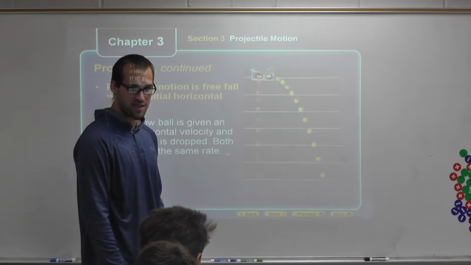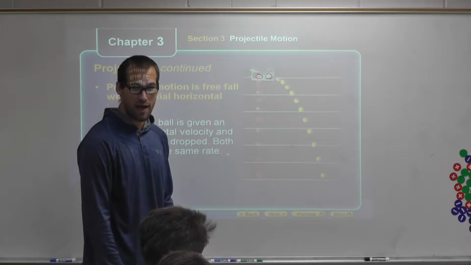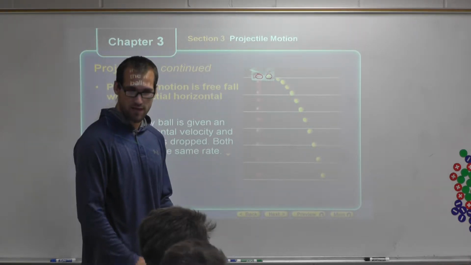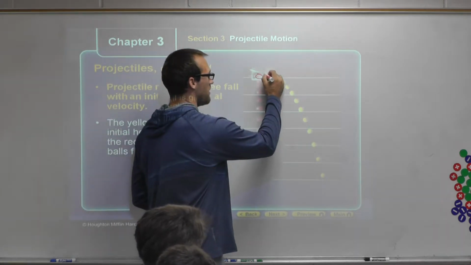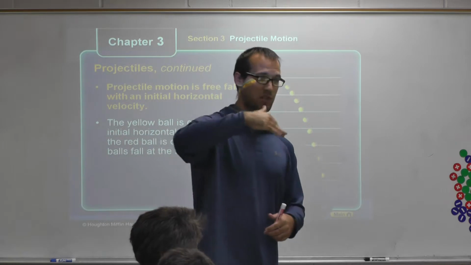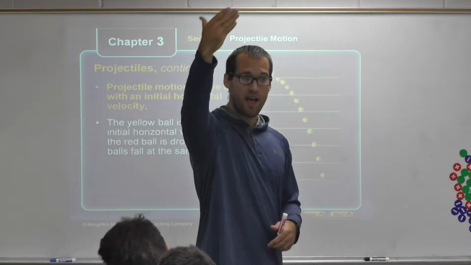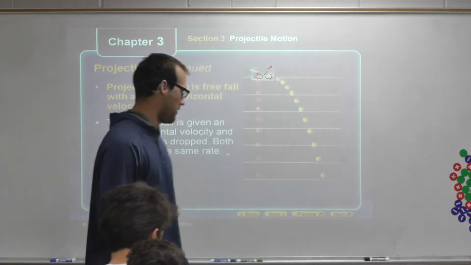They're both at the same plane and have a 0 vertical component right off the bat. Does that make sense when I say 0 vertical component? Now if I shot it at an angle, do you see how I have a vertical component that gravity has to slow down on its way up and then speed up on its way back down? Okay?